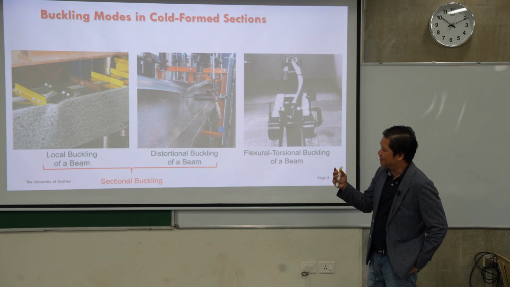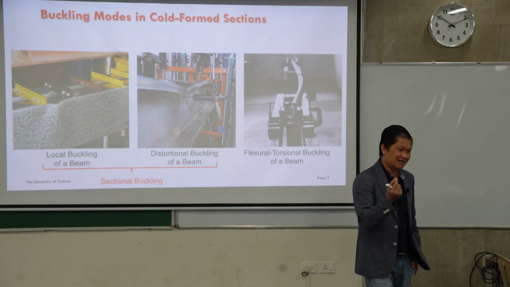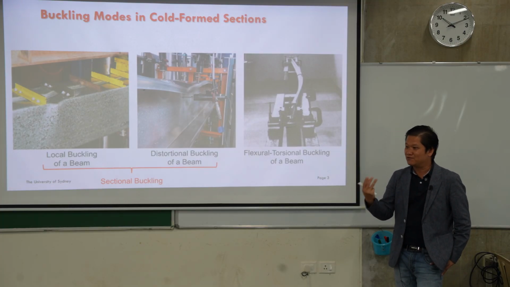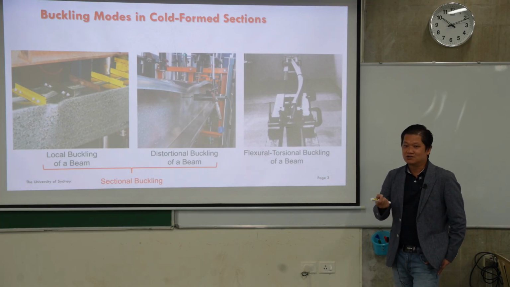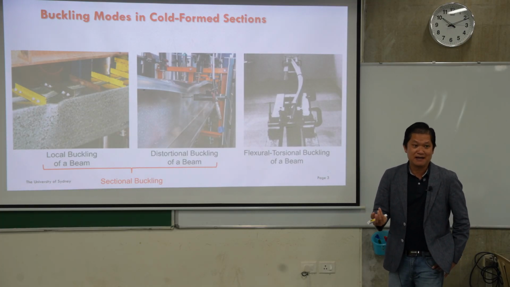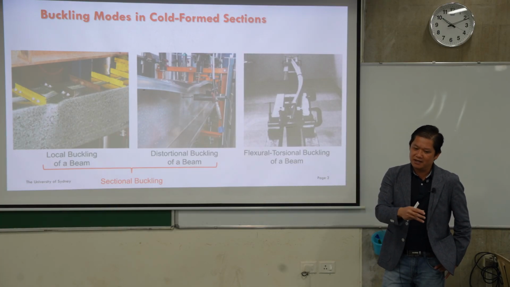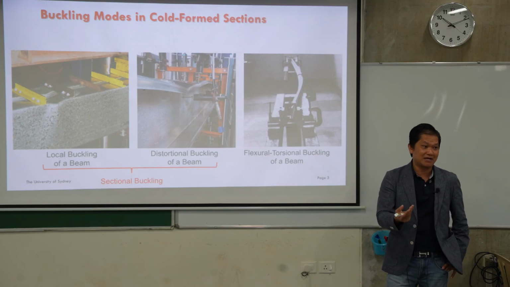However, with thin wall, because of the nature of the thinness of the section, you have to accept that and move on. It's going to buckle somehow. And the other thing that we learned before is high strength steel.